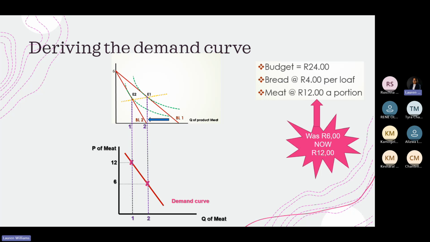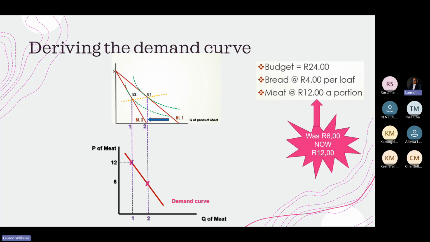So if you had to derive a normal demand curve, price of meat, quantity of meat. The original price was 6 Rand, and it's now 12 Rand. So at 6, how many units are you consuming?